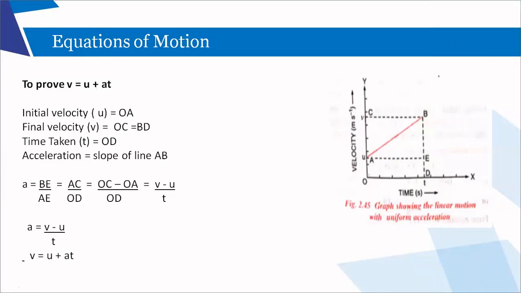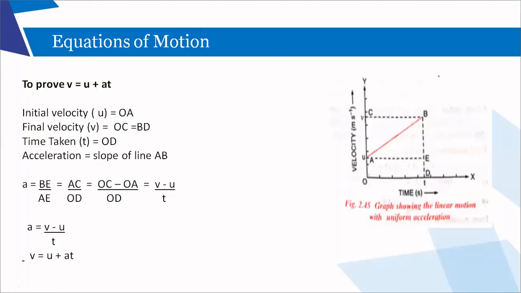AE is this side of the rectangle and this is OD. So I have replaced that.